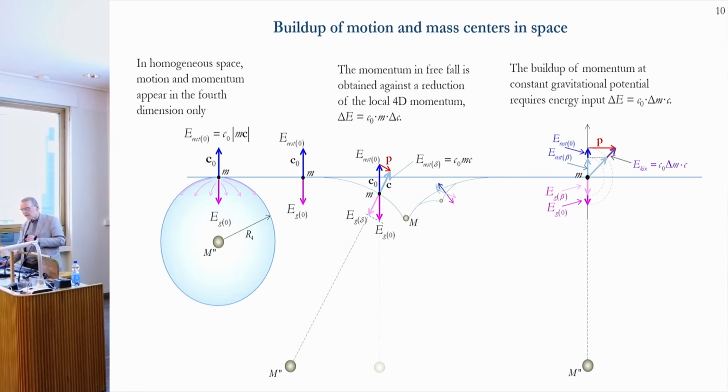Let's see the consequences. We can see here that we brought kinetic energy in form of mass substance or mass energy carrier to the object accelerated. In this case, we don't need to take extra energy, and in fact, we have received our kinetic energy against a reduction of the local rest energy.